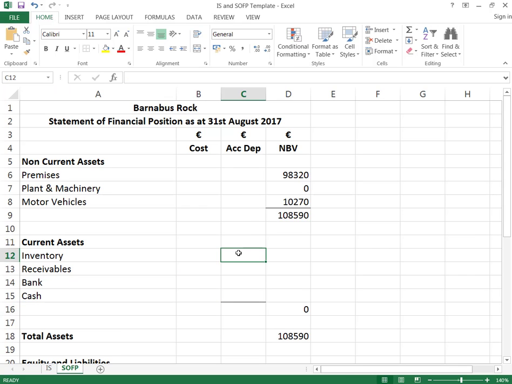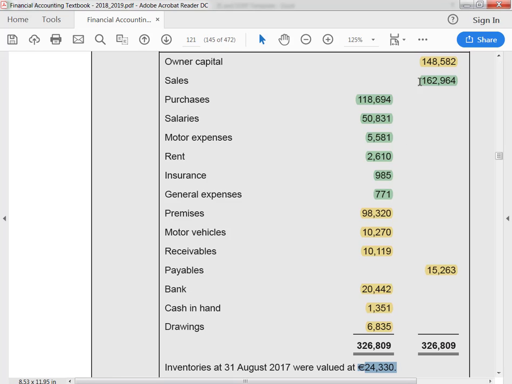So my inventory figure is 24330, and again that was the same inventory figure we used for closing stock. Receivables are 10119. For bank we've got 20442, and for cash we've got 1351, and of course all of those figures are coming from these highlighted items here.